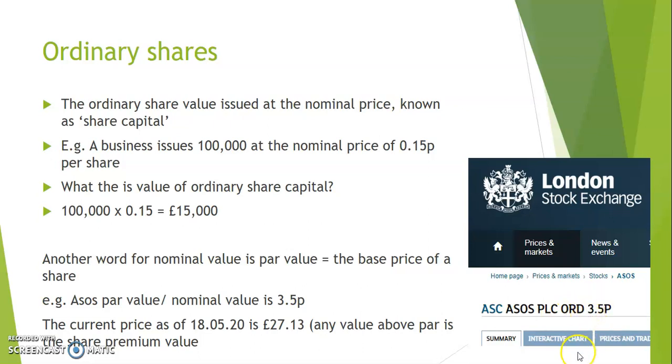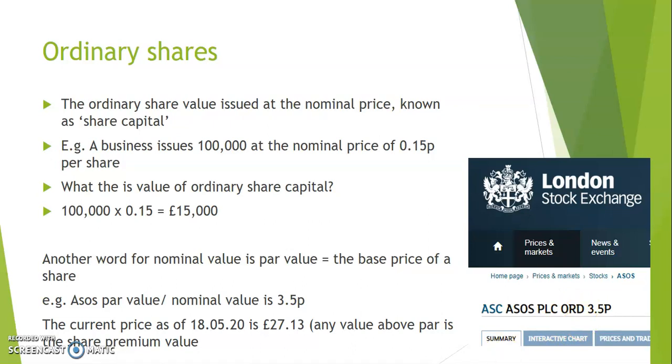Obviously now they're significantly higher. However, the base price is 3.5 pence. That is the ASOS PLC. The ordinary share value is 3.5 pence per share. So for every company that is listed, they will always have a base price and they will have an actual market price.